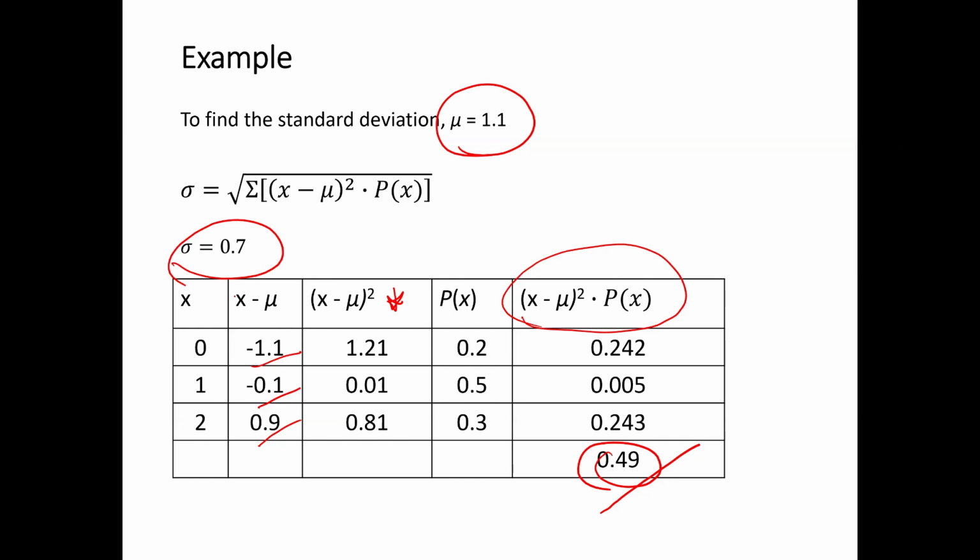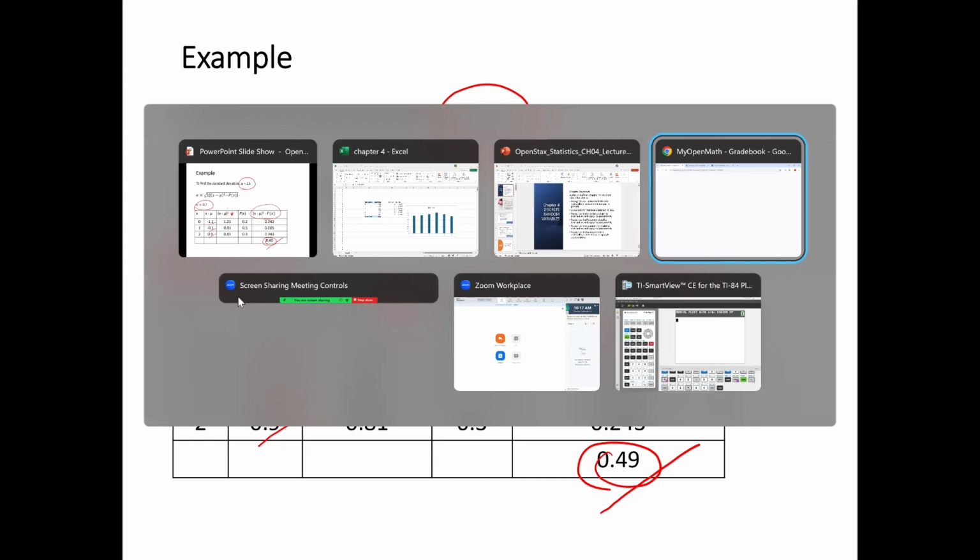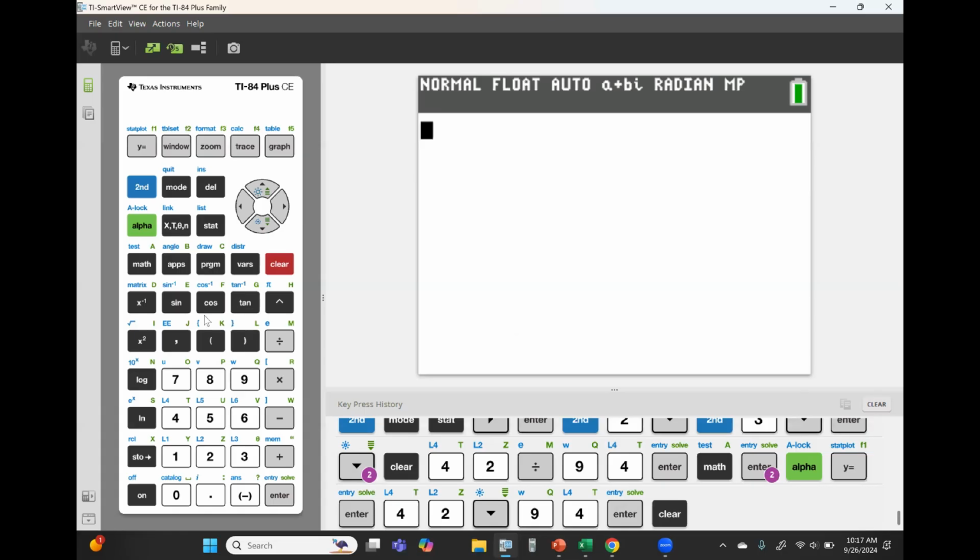All right, let's haul out our calculator, shall we? Have you got your calculator with you? Now, it's been a few days since I've used my calculator, so I don't know exactly what I have in my lists. So I'm just going to clear them all out.